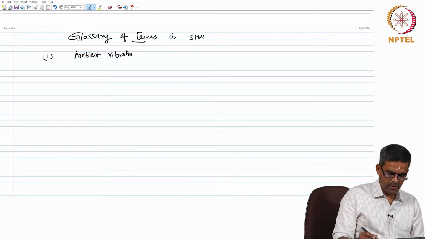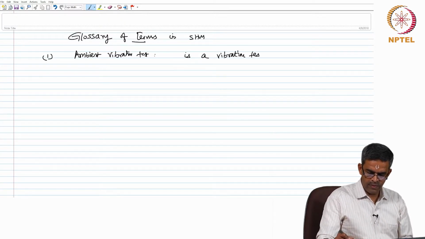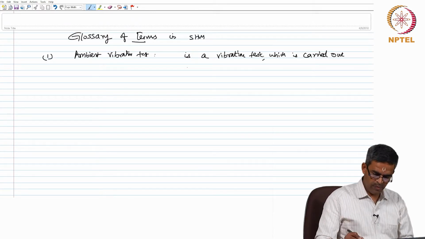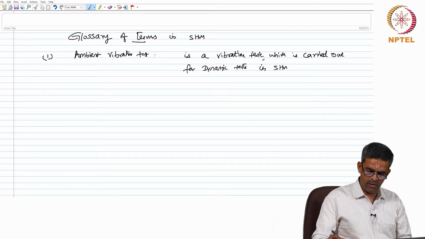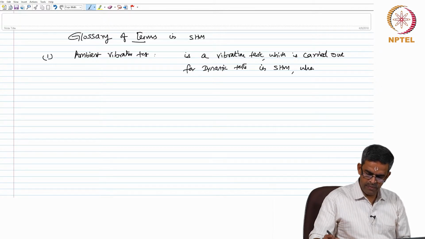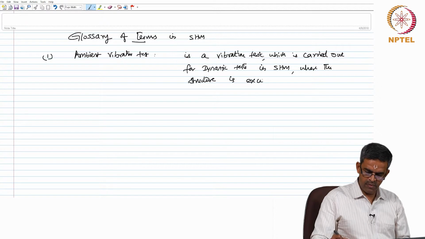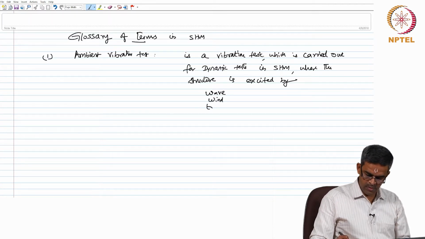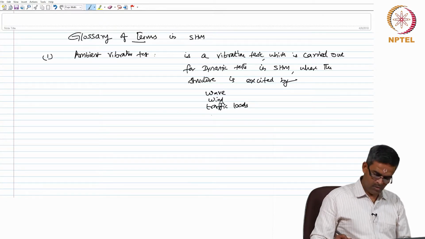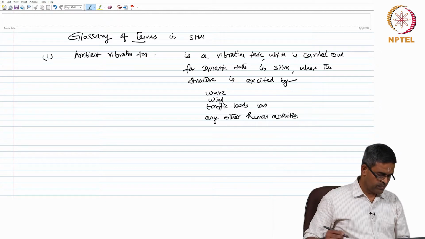Ambient vibration test, which is a vibration test carried out for dynamic tests in structural health monitoring, where the structure is subjected to different kinds of loads like wave load, wind load, or any other human activities under normal conditions.